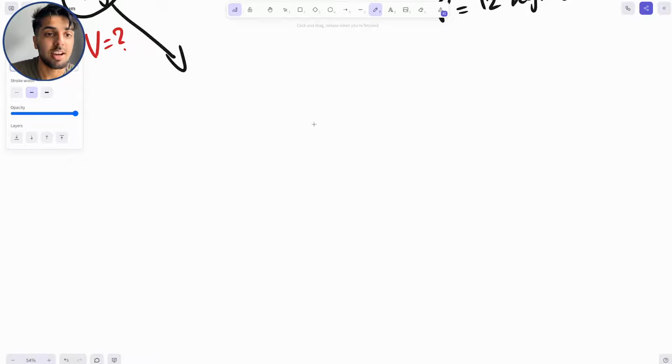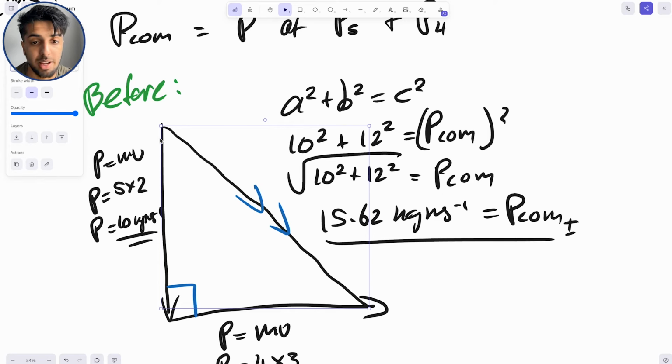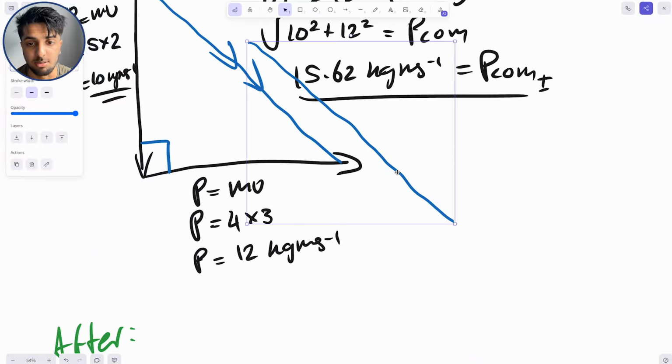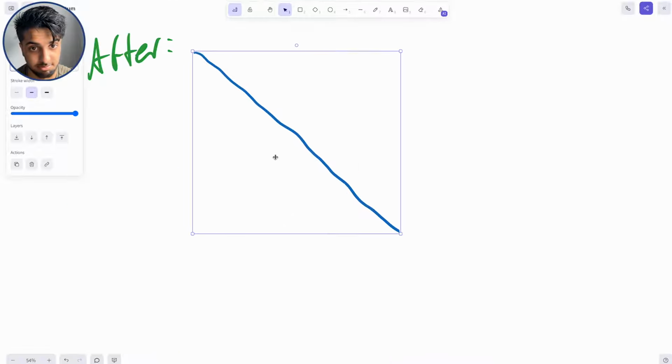So if we take our after and we draw a vector triangle for our after scenario, we have the momentum of our center of mass initially, which is equal to the momentum of our center of mass in the final. So we can just take that vector. I'm gonna just copy and paste it, but obviously if you're working on paper, you can't do that.